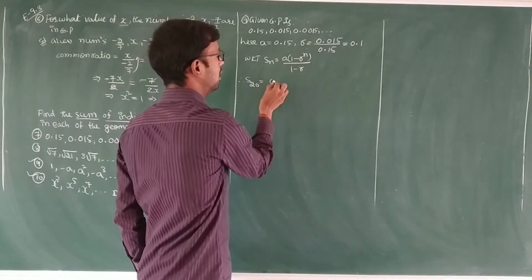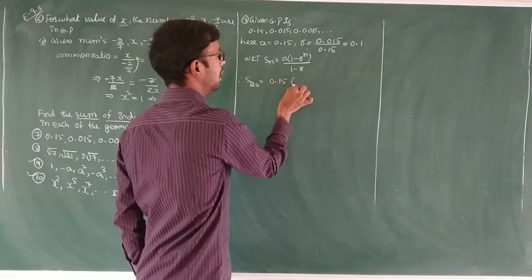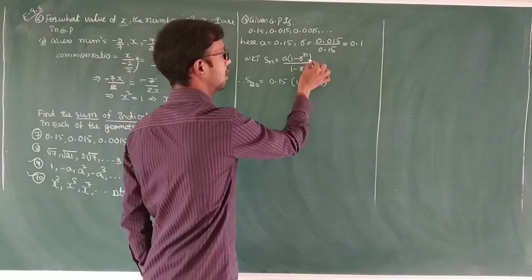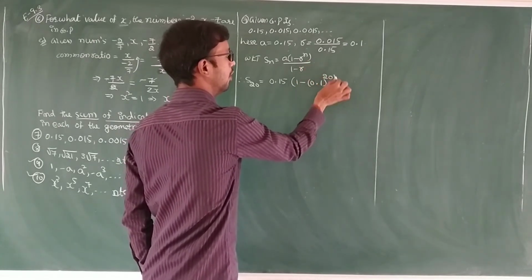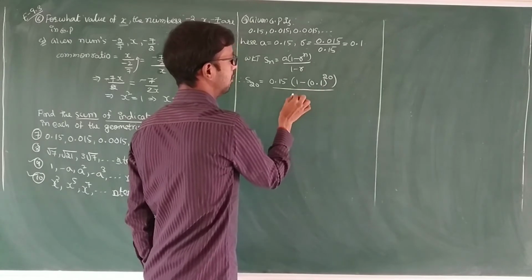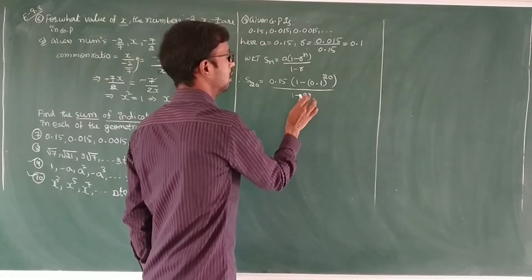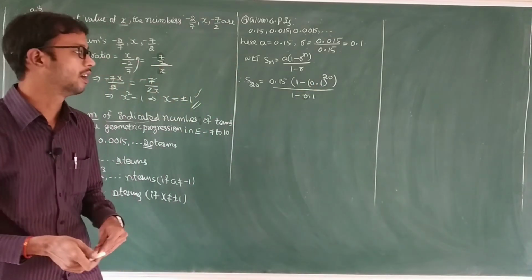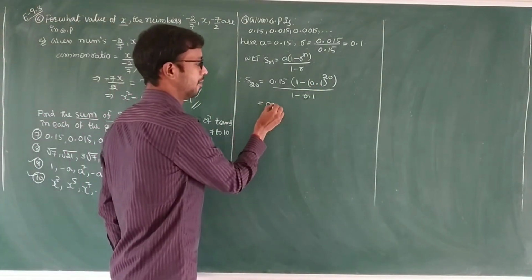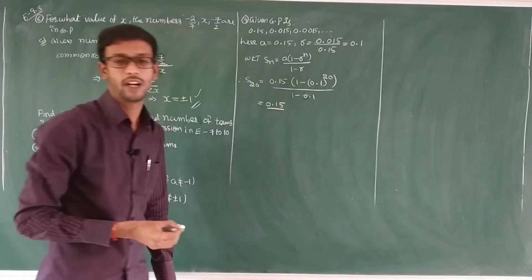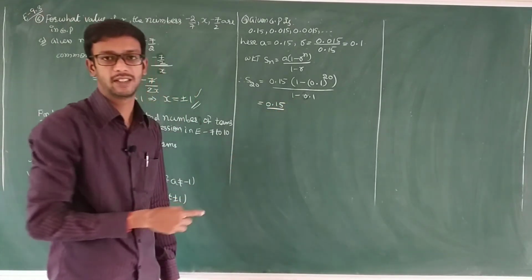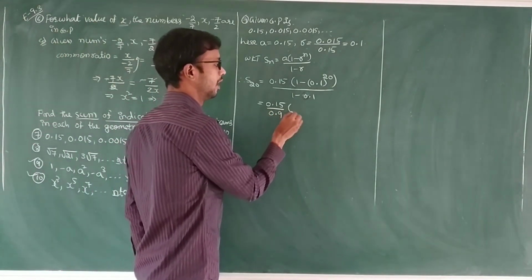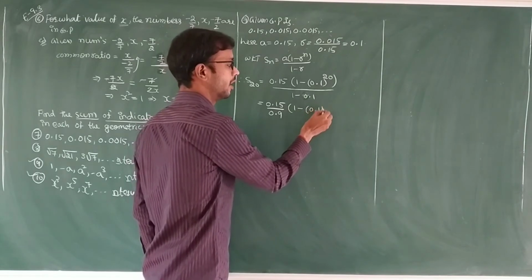Here A value is 0.15 into 1 minus 0.1 whole power 20, divided by 1 minus 0.1. So I will simplify here: 0.15 divided by 1 minus 0.1, and 1 minus 0.1 is 0.9, into 1 minus 0.1 power 20.